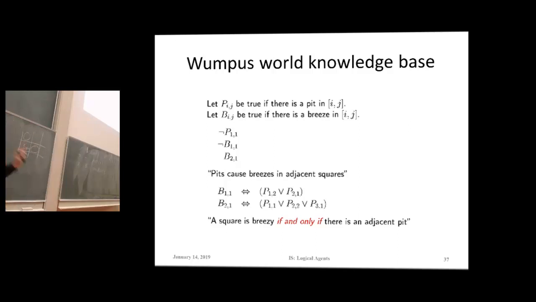Yeah? That's all it says. And if we have a breeze in 2-1, this one, then either here or here or here. Yeah? And if we're in the middle of a field, we would obviously have to model all four around.